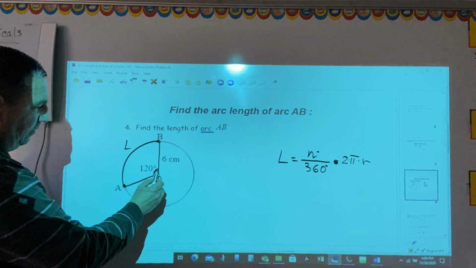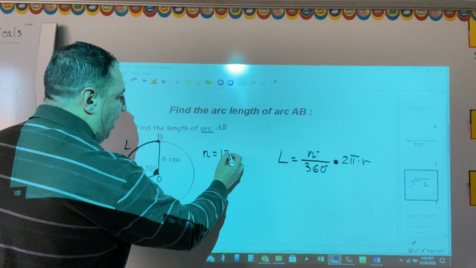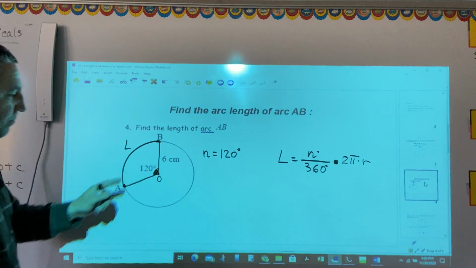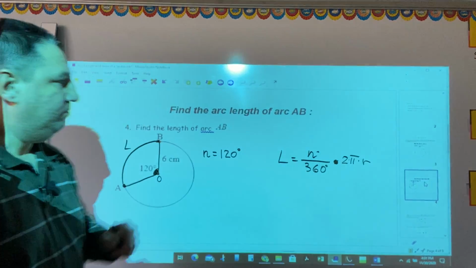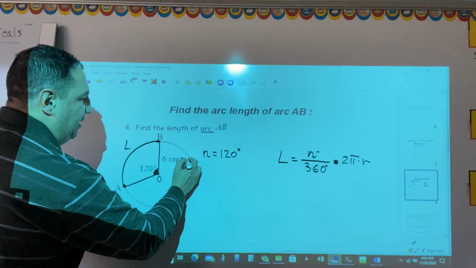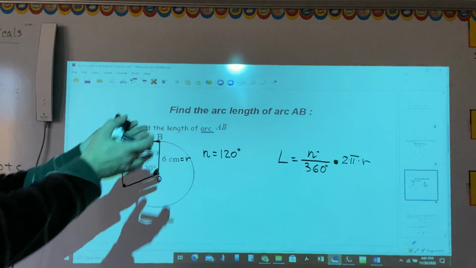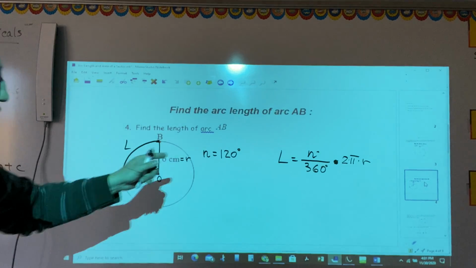In other words, n equals 120 degrees. We know the radius. Radius is 6 centimeters. All we need to do is to apply the formula. You plug it in.